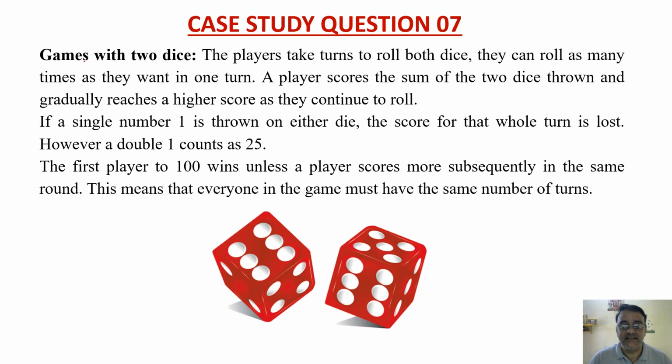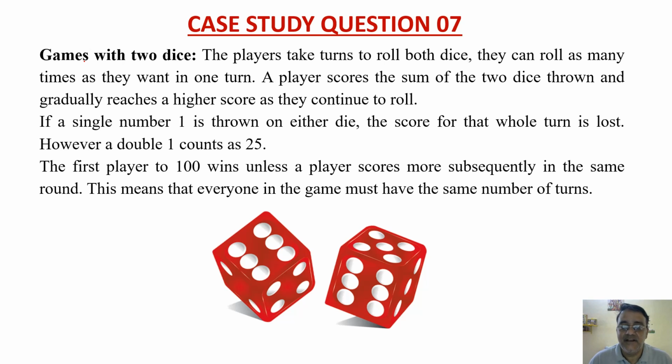Games with 2 dice. The players take turns to roll both dice. They can roll as many times as they want in one turn. A player scores the sum of the 2 dice thrown and gradually reaches a higher score as they continue to roll. If a single one is thrown on either die, the score for that whole turn is lost.